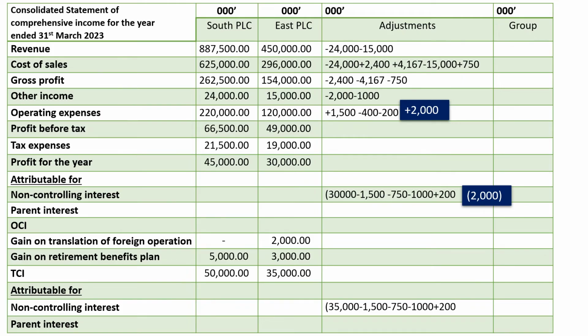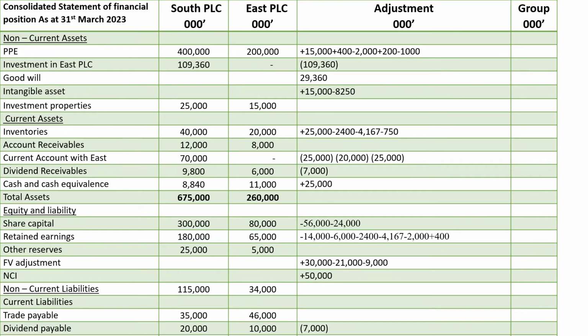At the same time, we are going to remove it from total comprehensive income attributable to non-controlling interest. In the consolidated statement of financial position, the impairment value should be removed from the goodwill. So we are removing this impairment 2000 from the goodwill value.